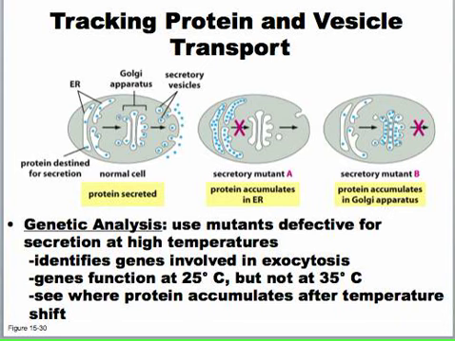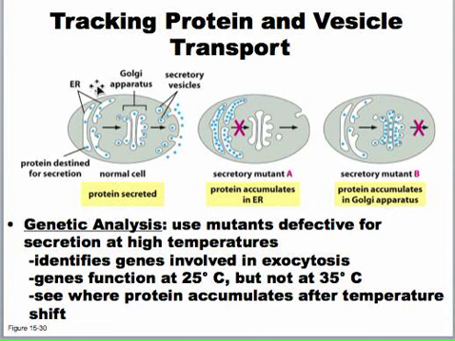If we mutate these proteins at different steps, it's going to have different consequences for the cell. So we're going to make a mutation, and then we're going to see where things start to accumulate in the cell. By doing this technique, you can identify the majority of the genes that are involved in exocytosis.